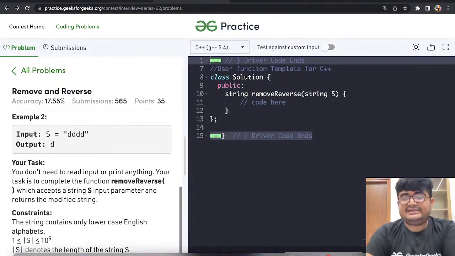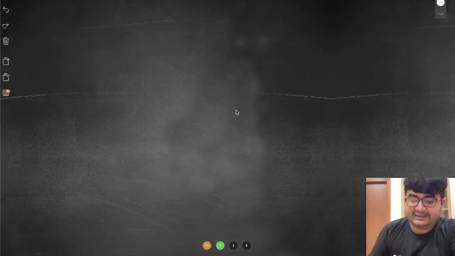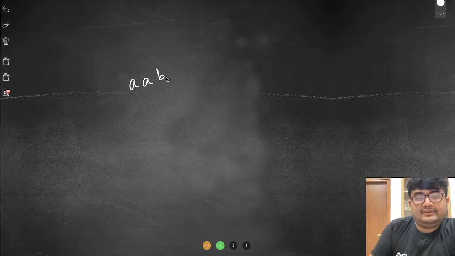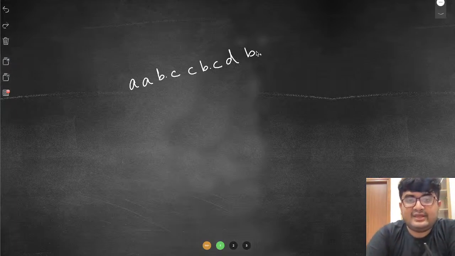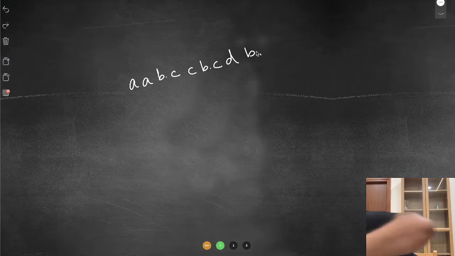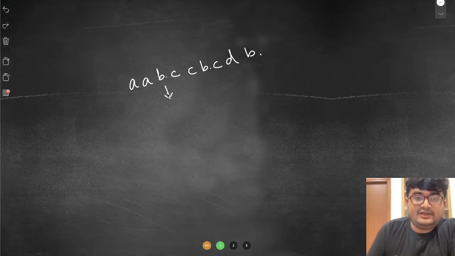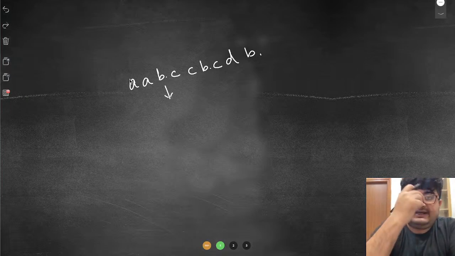Let's understand with another example. Let's say we have A, B, C, B, C, D, B. What is the first step? What is the first character that is repeating?